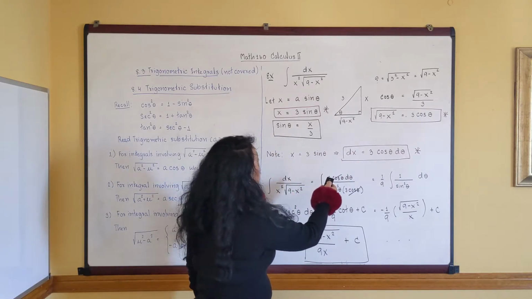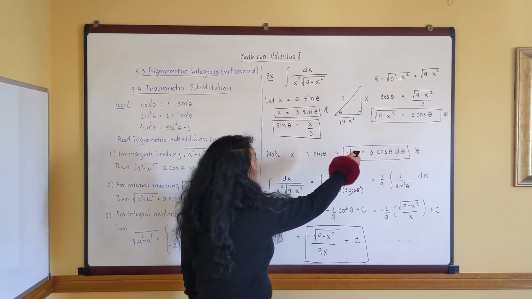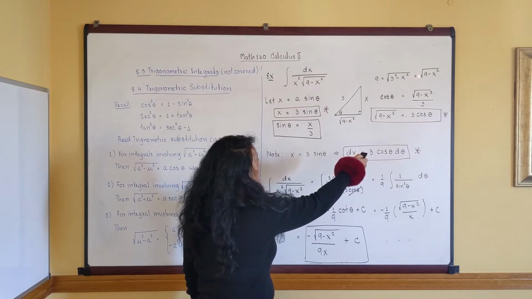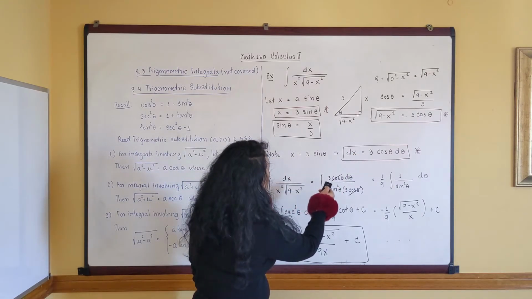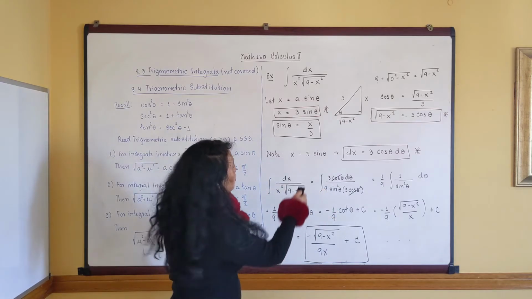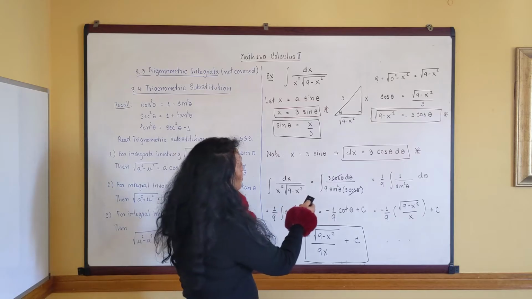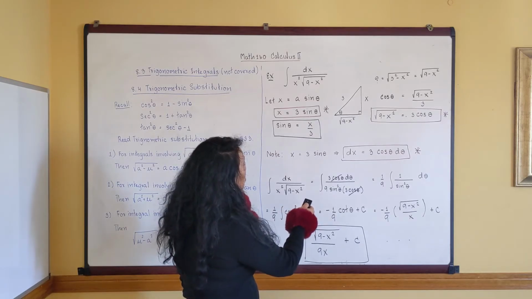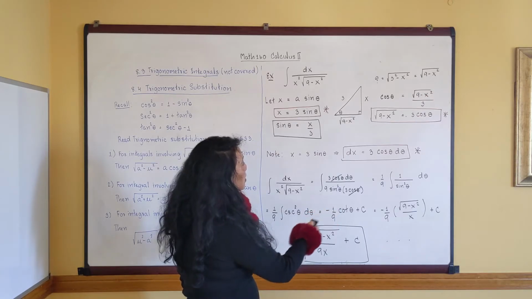This part would be the square root of the hypotenuse squared minus x squared, which is the square root of 9 minus x squared. Now we have all sides, we can find any trig function. For example, cosine theta would be the square root of 9 minus x squared over 3.